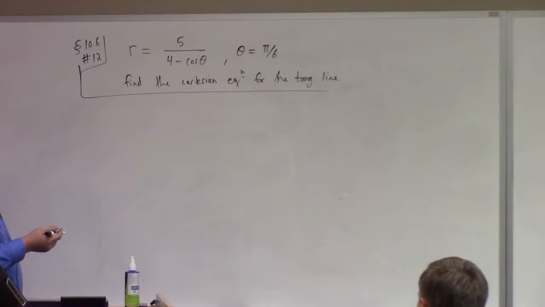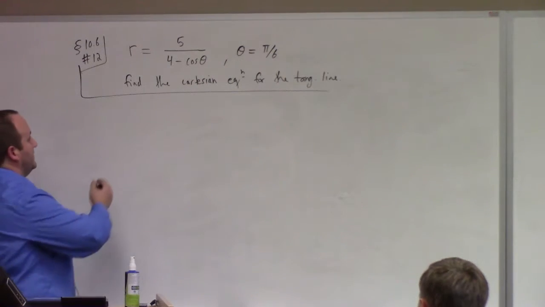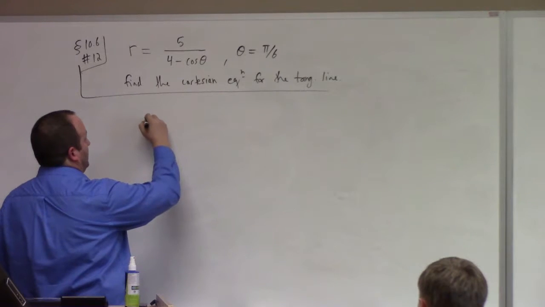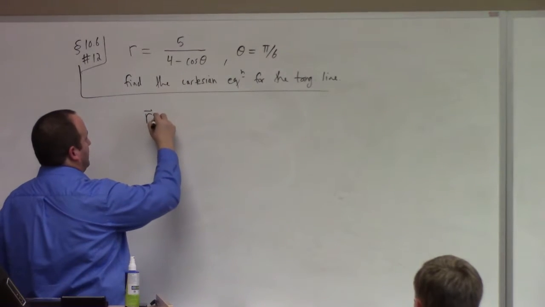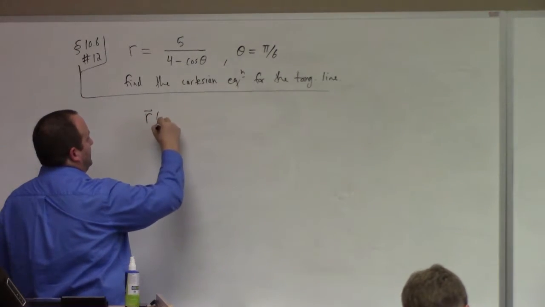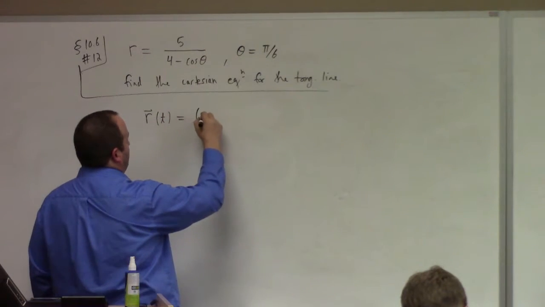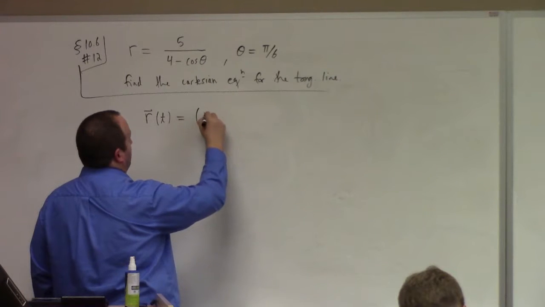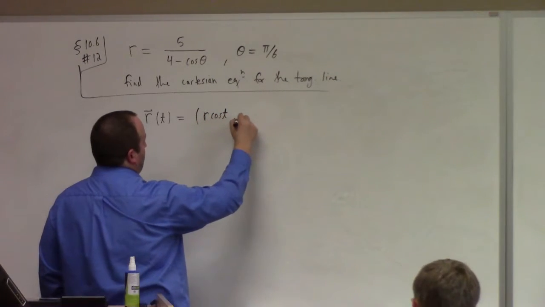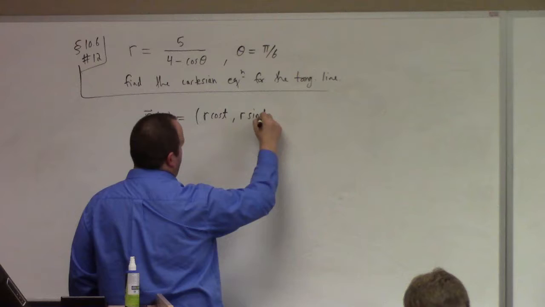let's see here. What I would do is I would find the parameterization of the path, right? So like R of T, basically use T as theta. So R of T is what? It's R cosine T, R sine T, right?